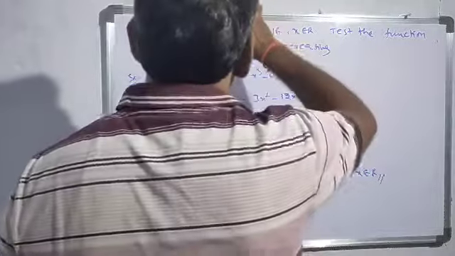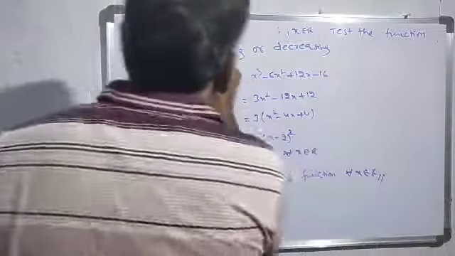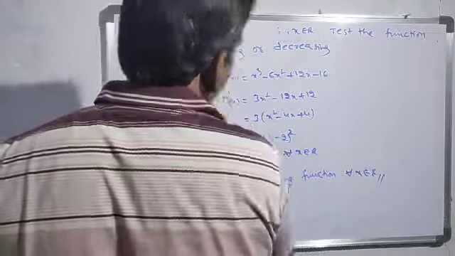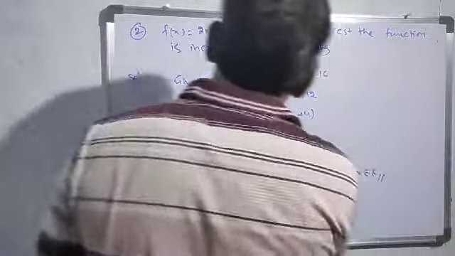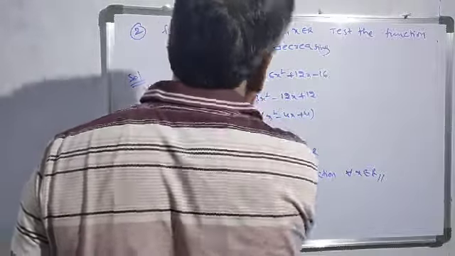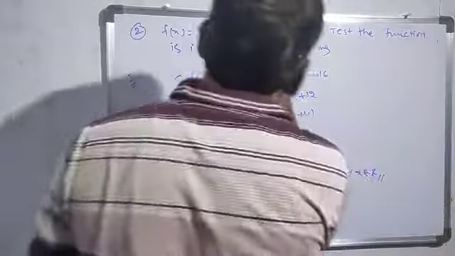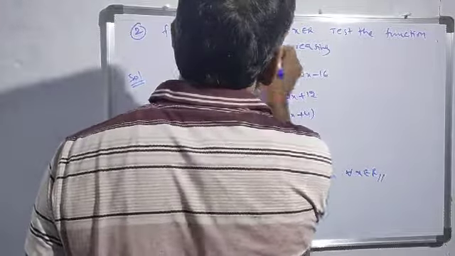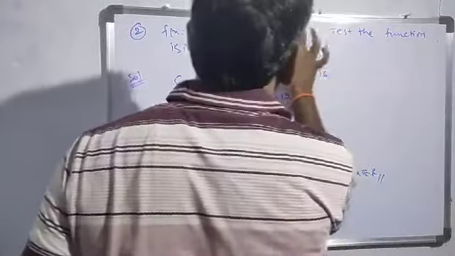F of x equal to 2x cube minus 15x squared minus 144x minus 7.